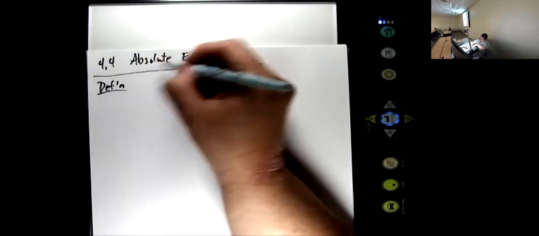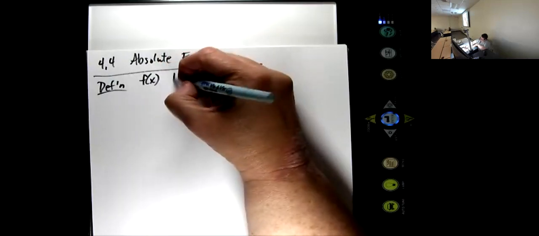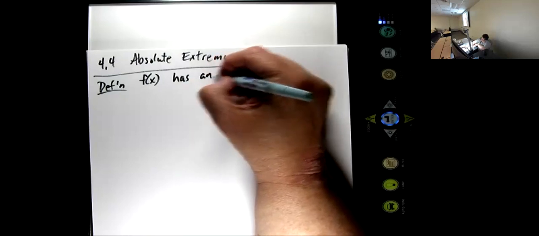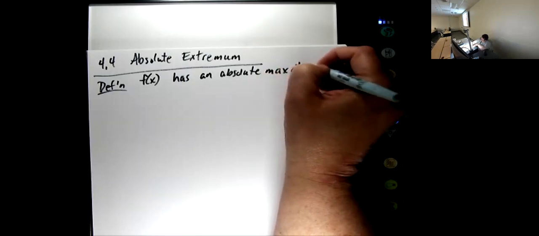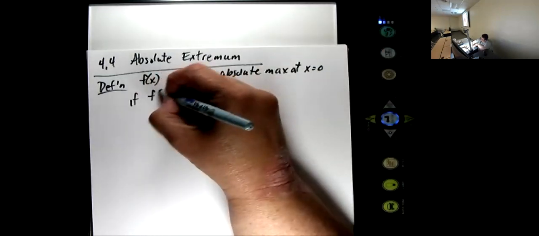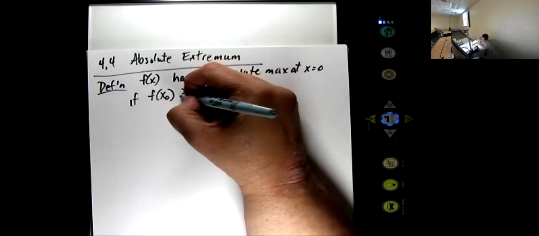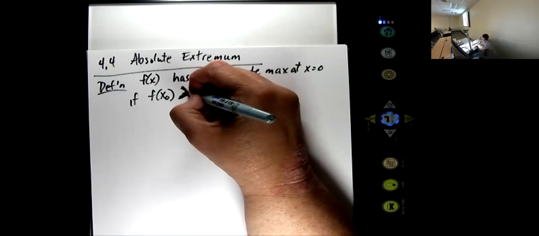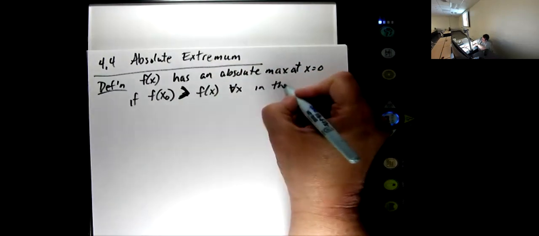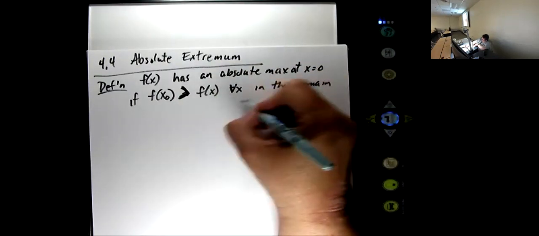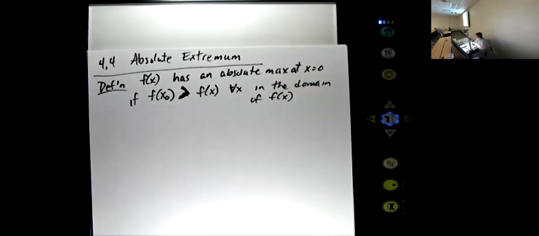So, definition: f of x has an absolute max at x equals 0 if f of 0 is greater than, not greater than or equal to, greater than f of x for all x in the domain of f. It's the highest point. Makes sense?